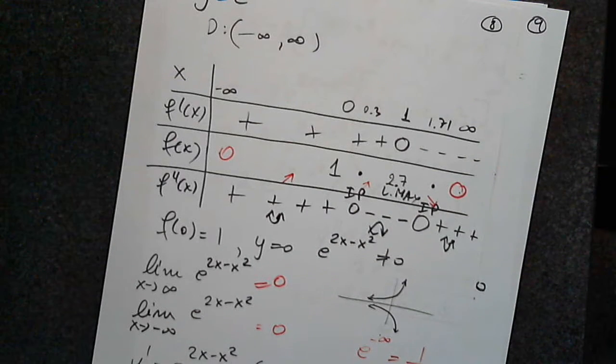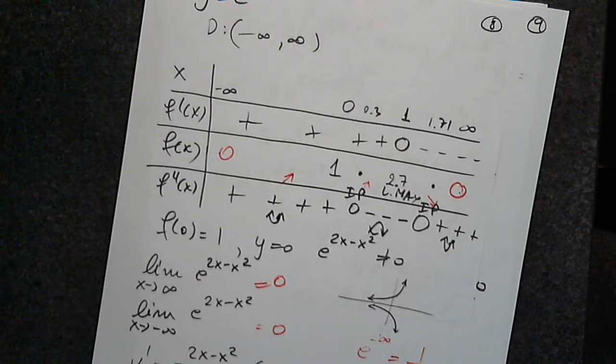So I have to plug in 0.3 in this function. How do we know if it's an inflection point again? The second derivative changes sign, and it's 0. So e to 2x minus x squared, and I want to plug in 0.3.